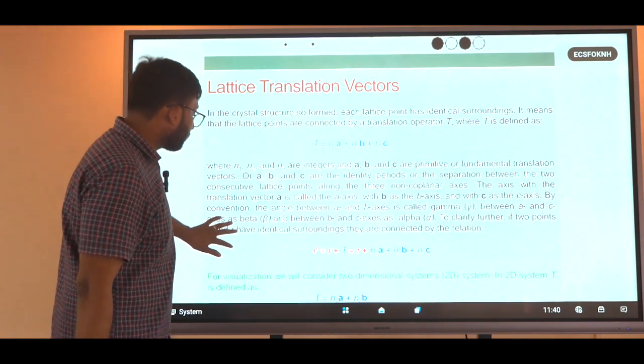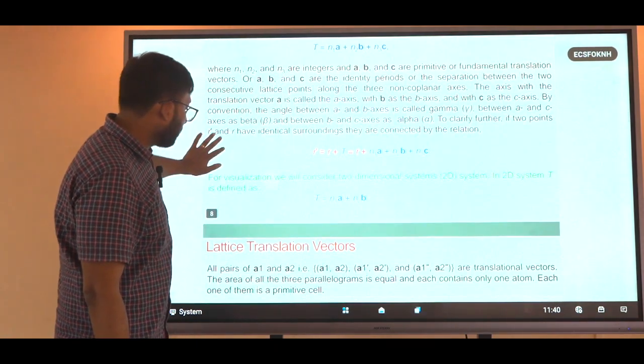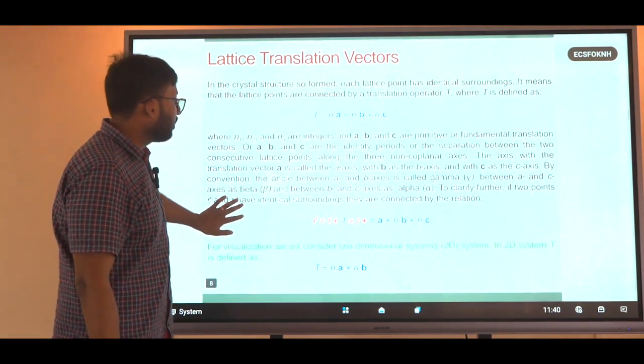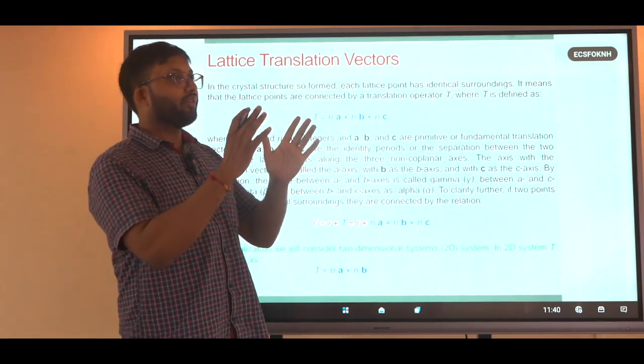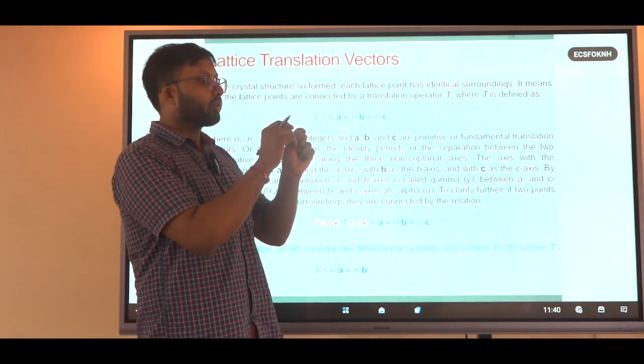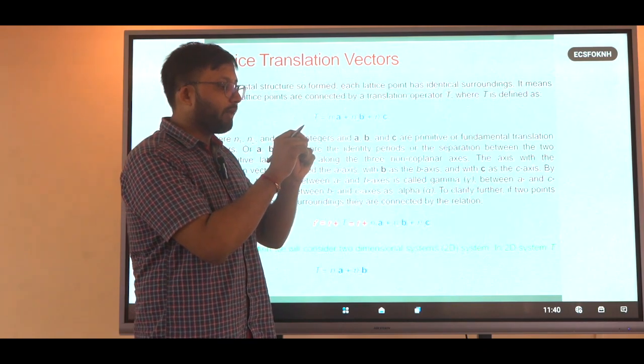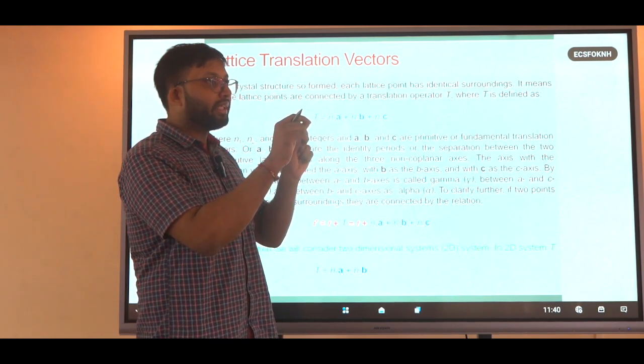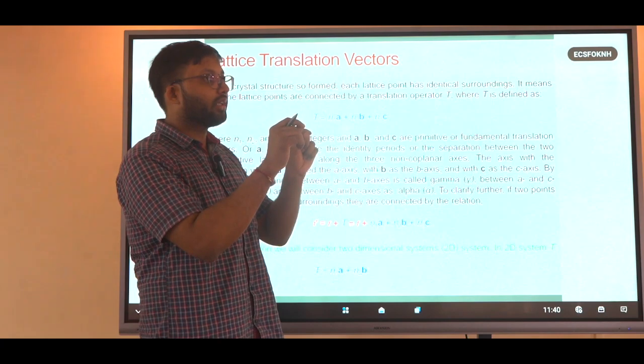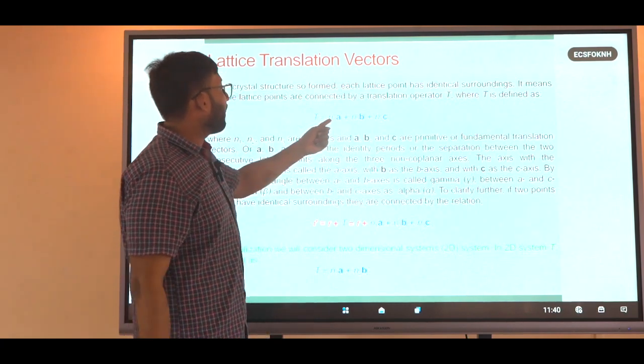So suppose I don't have a diagram here. You can imagine, if I want to move in the x direction, and in x direction I have 2 lattice points, then the minimum distance between the 2 lattice points, I can consider to be a vector.